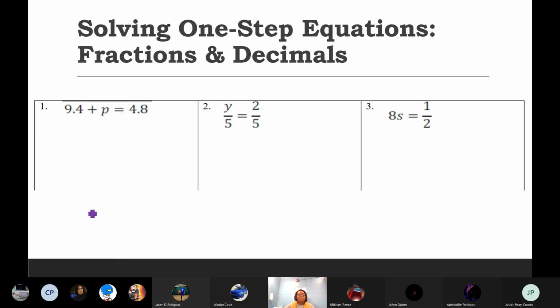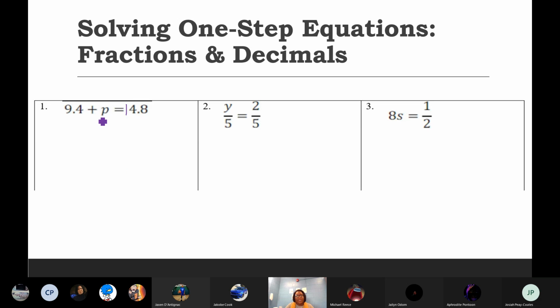So let's look at number 1. Can someone please turn on their mic and tell me, where is our variable in number 1? What's our variable? The P. Very good, our P. So what we're really being asked here is 9.4 plus P equals, and I want to change that from 4.8 to, let's make that 14.8.